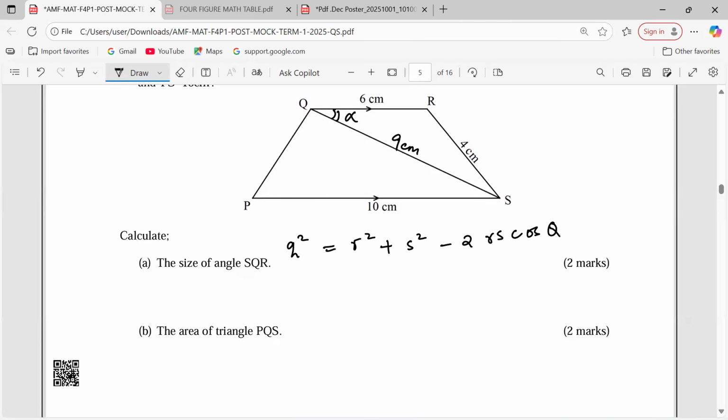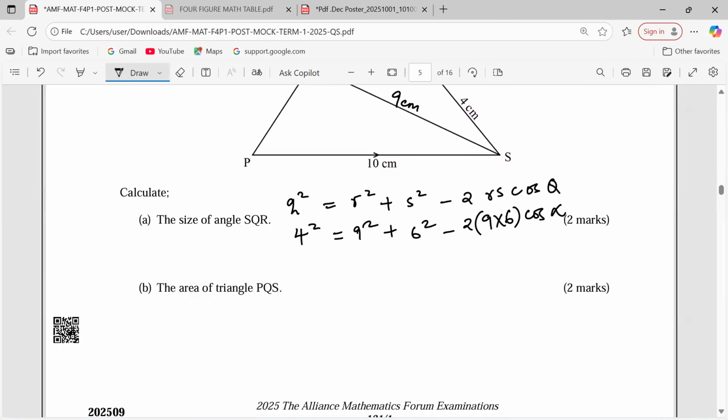So q squared is the length opposite to that, equals to r squared, the length opposite to r, 9 squared, plus s squared, the length opposite to s, 6, minus 2 multiplied by 9 by 6, the cosine of the angle at Q, which is alpha in our case.